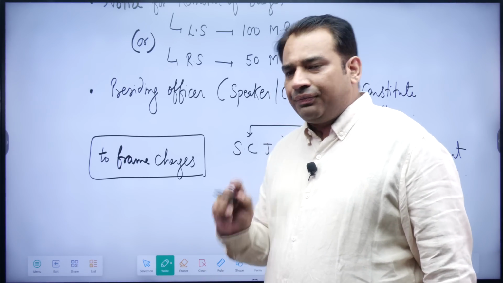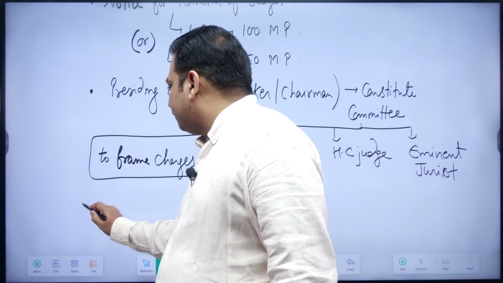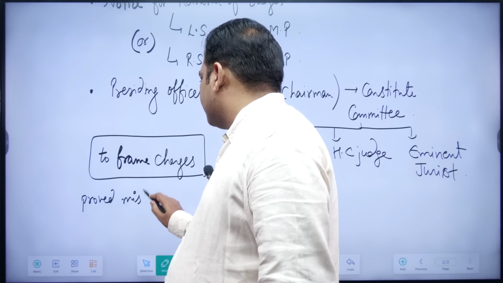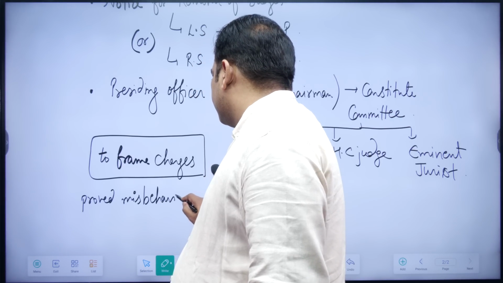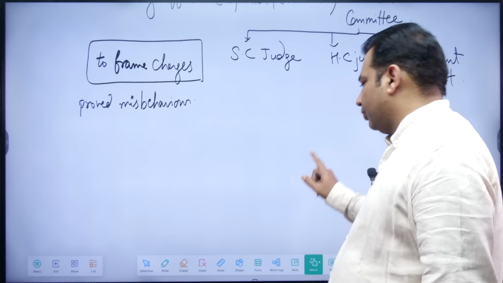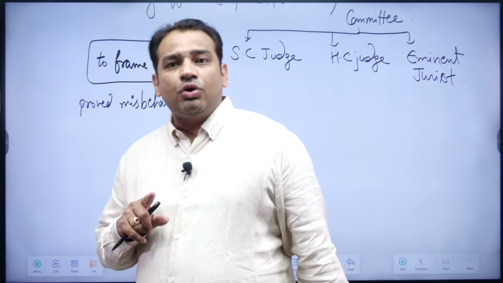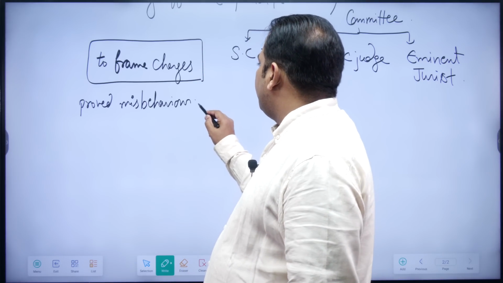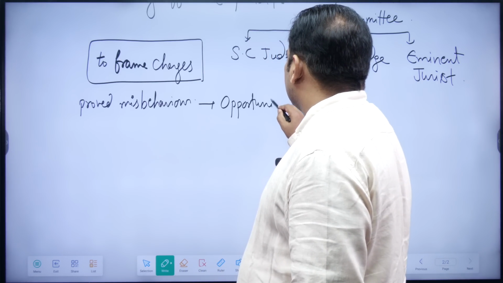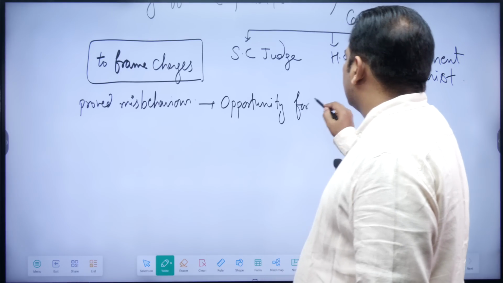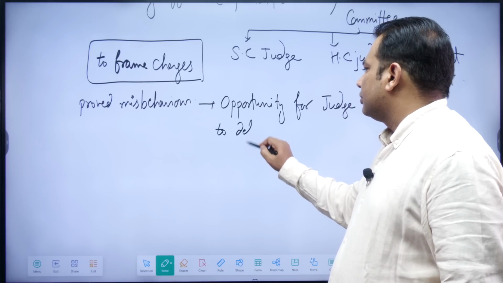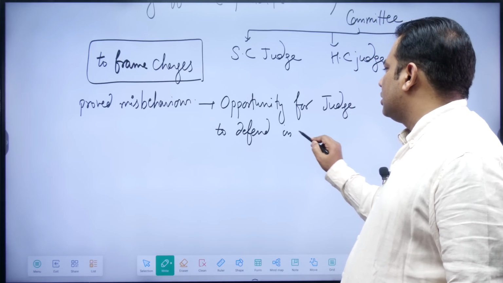And if there are grounds of proved misbehavior, then only this committee will be working. And before this committee, there will be opportunity for the judge to defend in writing.